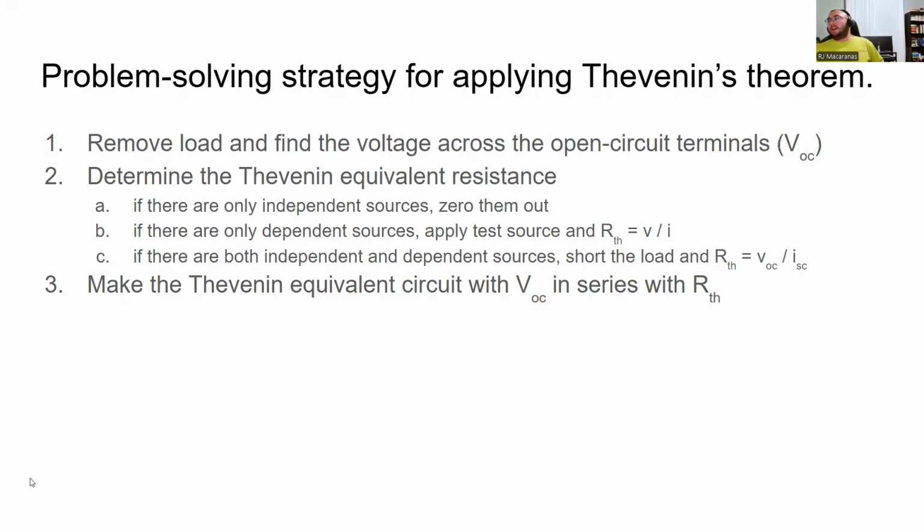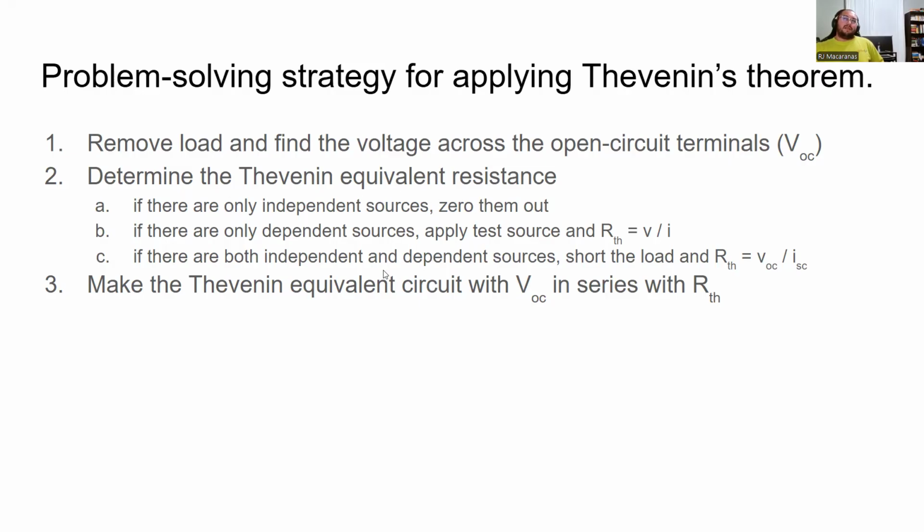Since we've got a little bit of time, maybe I'll jump through one of these examples because it could be helpful. I think superposition is pretty easy and straightforward, but this can be a little bit challenging. Once you've figured out the open circuit voltage across that load, you want to determine the Thevenin equivalent resistance.